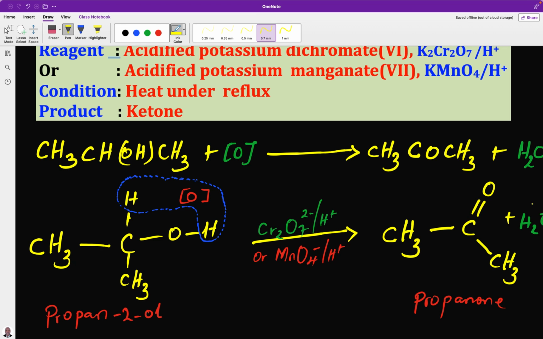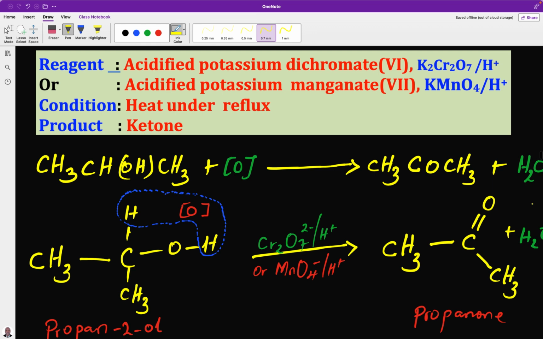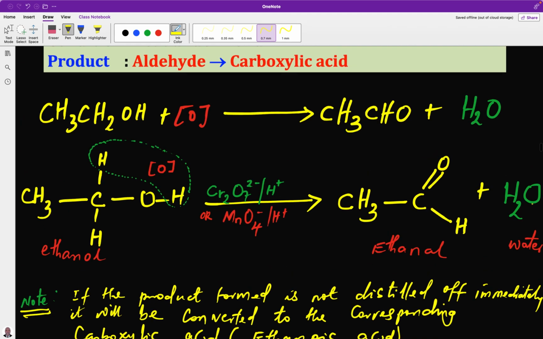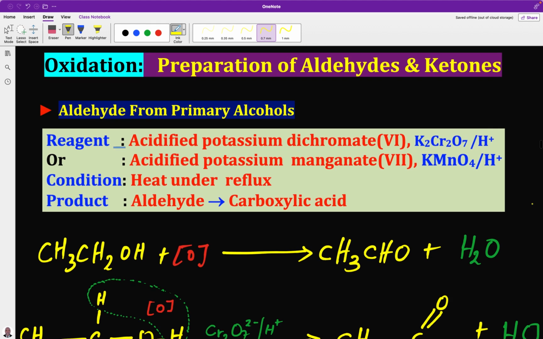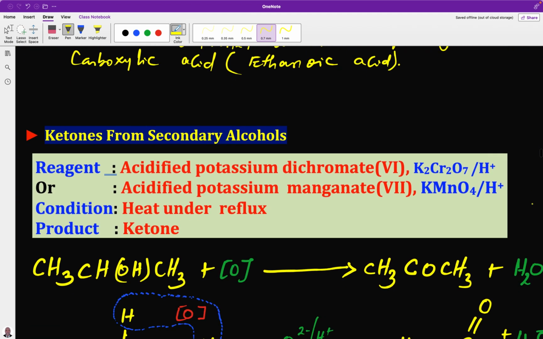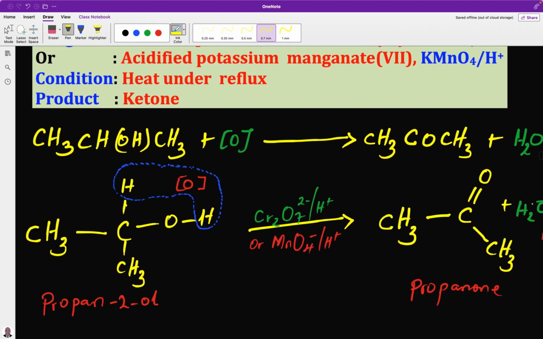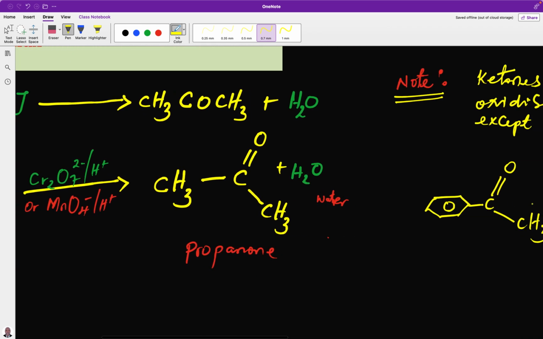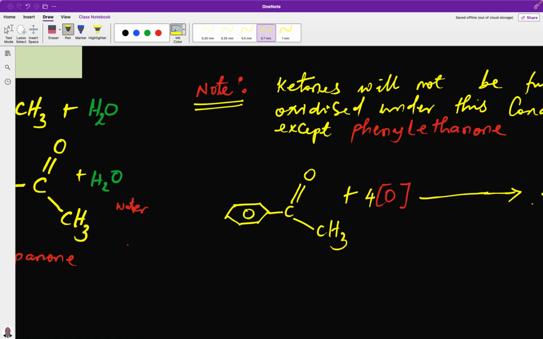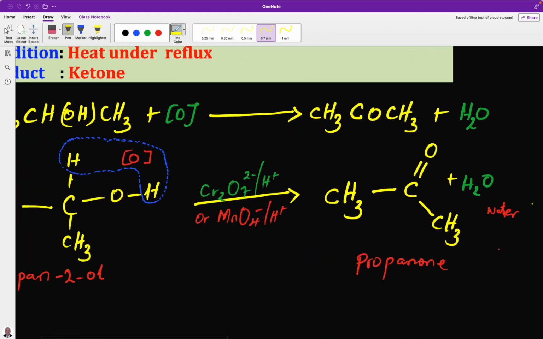We are done with oxidation of aldehydes and ketones, that is, preparation of aldehydes and ketones through oxidation. We have covered preparing aldehydes from primary alcohols using a suitable oxidizing agent, preparing ketones from secondary alcohols using a suitable oxidizing agent, and finally that ketones are not further oxidized, except the only one that can undergo that, phenylethanol.